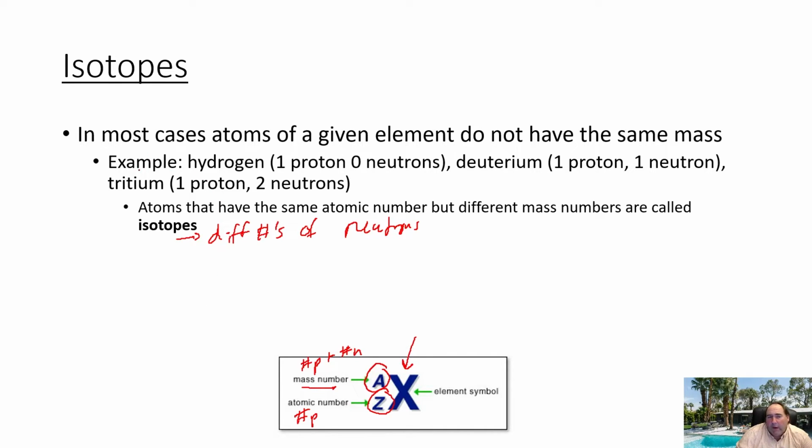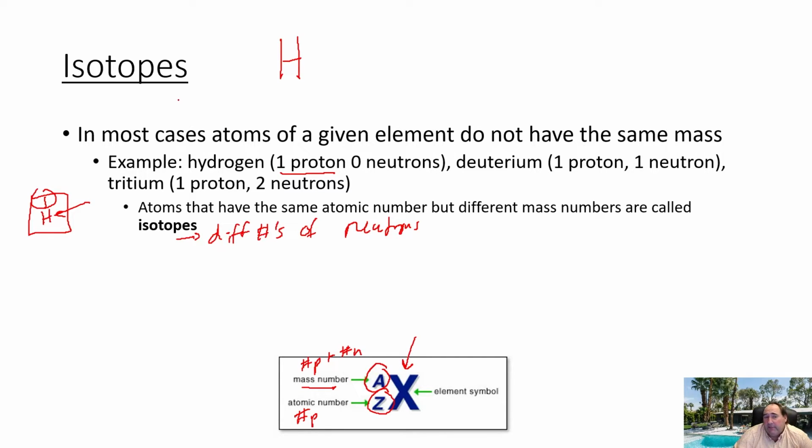If we were to write the symbols for each of these isotopes, and maybe we weren't sure what the symbol was, I know that it has one proton, which is its atomic number. I would go to the periodic table and find number 1, and I would see that H is the symbol that I need here.